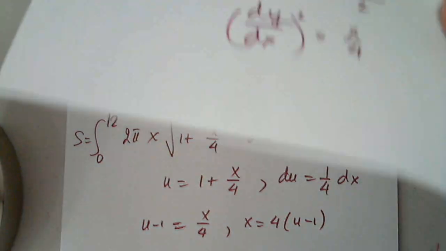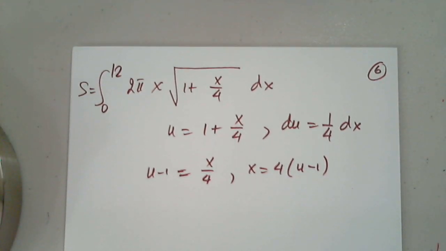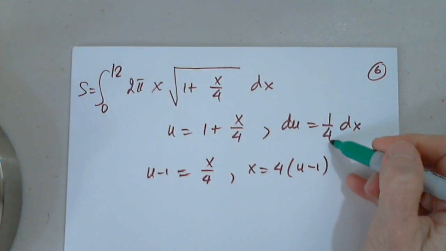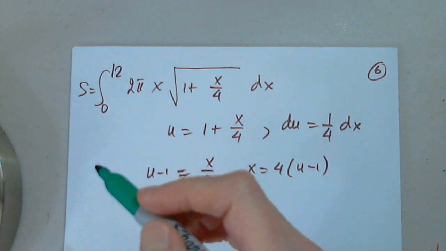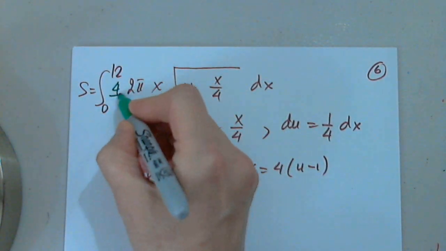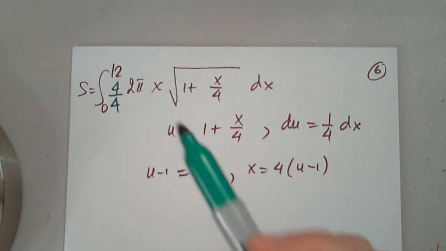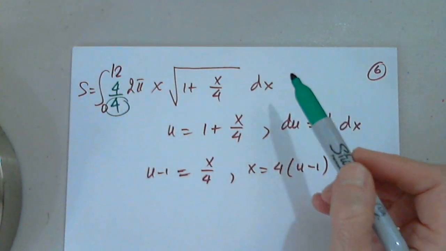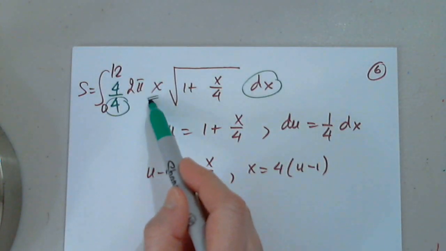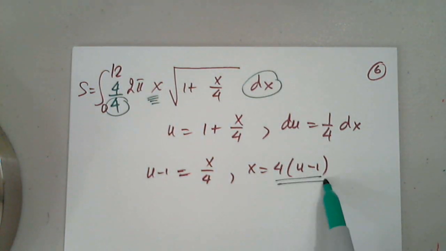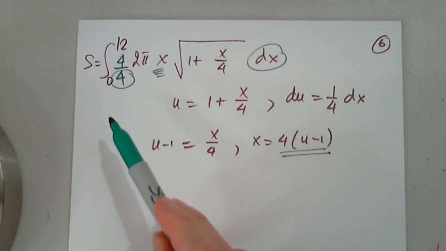Okay, so what I really need here is just a 1/4 to get the dx. So I will multiply and divide by 4. Now what happens? This 1/4 with the dx will be the du. X will be this. 2 pi is out.